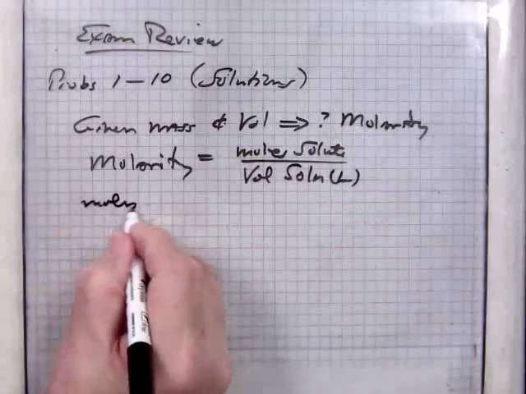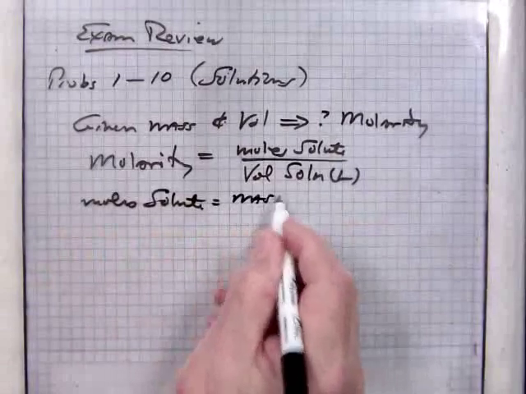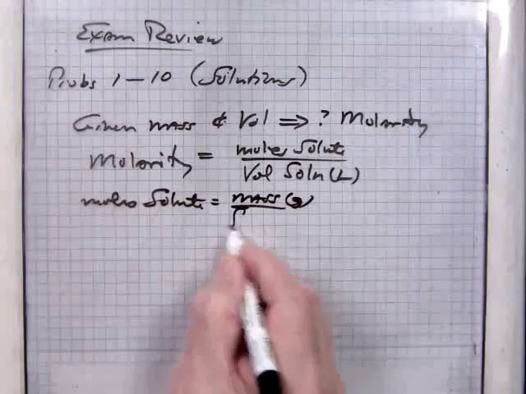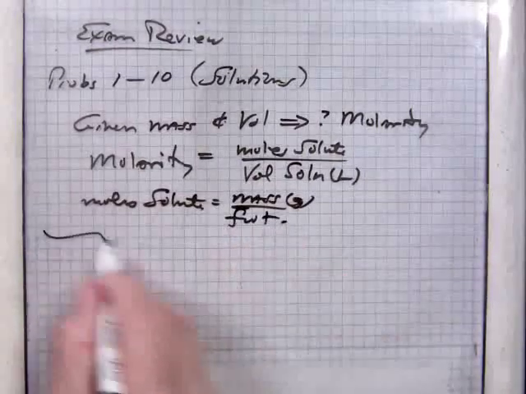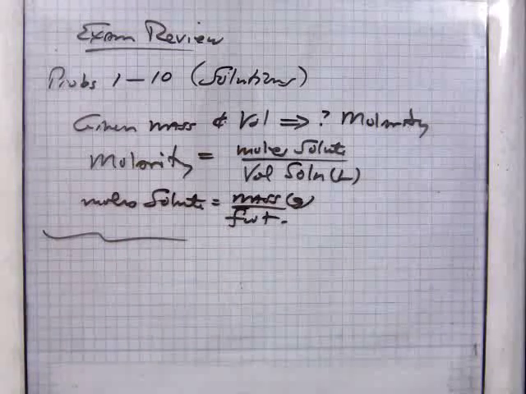Moles solute would be mass in grams divided by formula weight. So that's a straightforward type problem. But it is critically important you don't get confused when the data comes at you and what they ask you, so you can apply the data correctly.